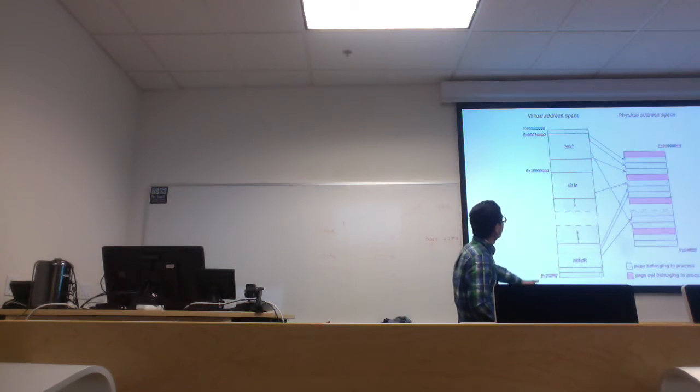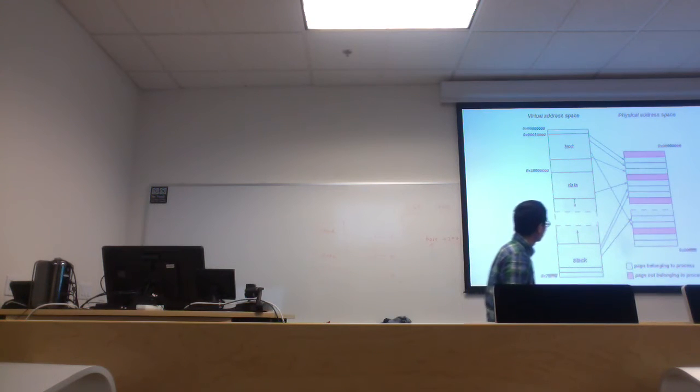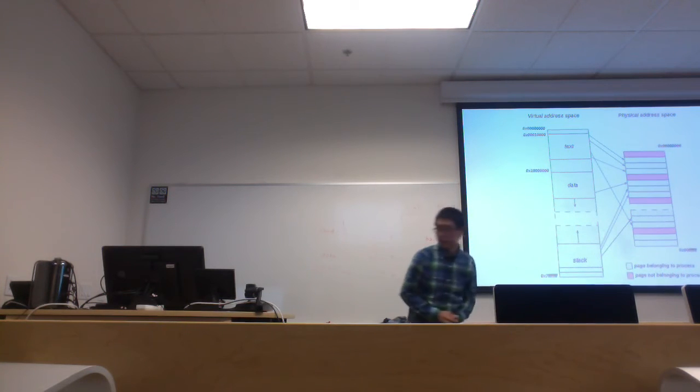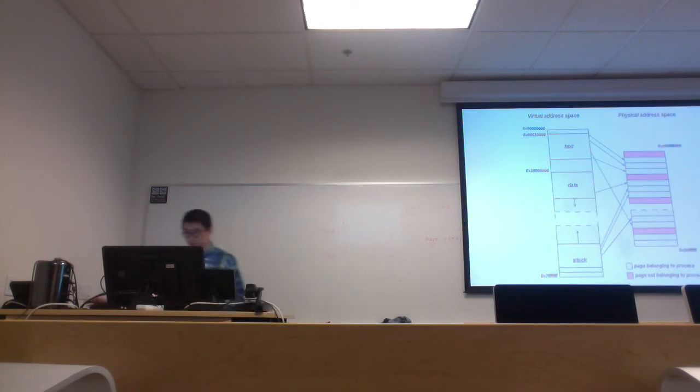And the physical address space is much smaller. You can see each individual virtual page will be translated to a physical page. Some of the pages are translated, some of them are not. And some regions of the virtual address space are not mapped at all, which means there is no valid translation.